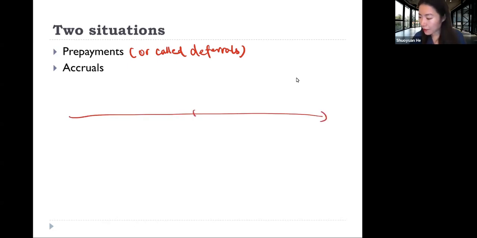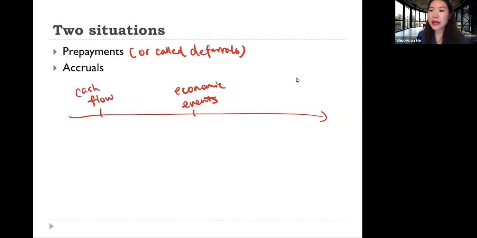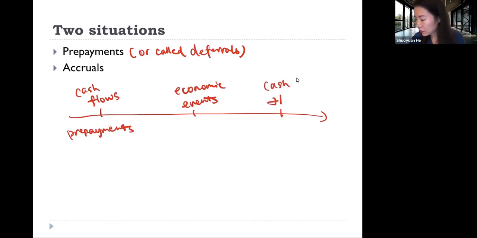If we have an economic event here, and if the cash flow happens before the economic event, that is called prepayment. Versus if the cash flow happens after the economic event, that is called accruals.